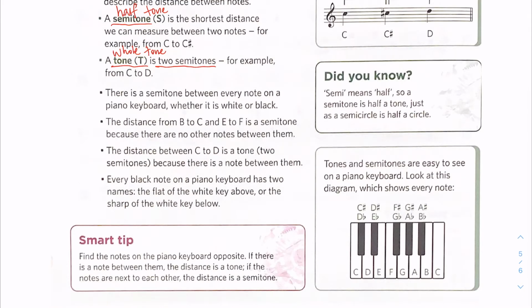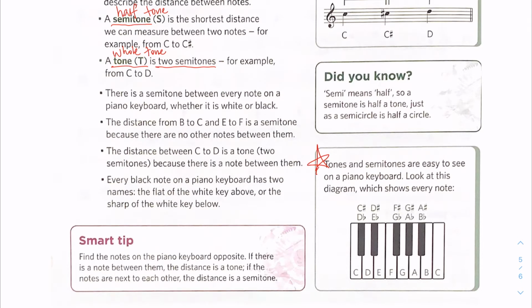Now we're going to take a look at this here. Tones and semitones are easy to see on a piano keyboard. Look at this diagram, which shows every note. Here it says there is a semitone between every note on the piano keyboard, whether it is white or black. So let's say we start with C here. From C, going to this note, which is the closest distance, is a semitone.